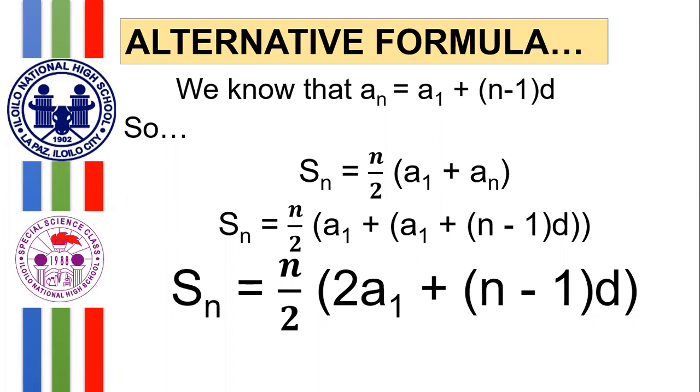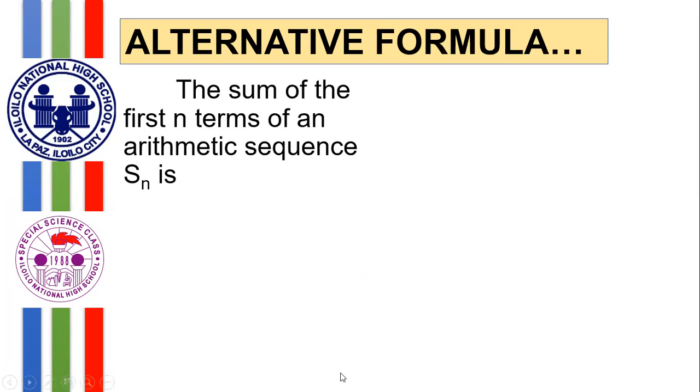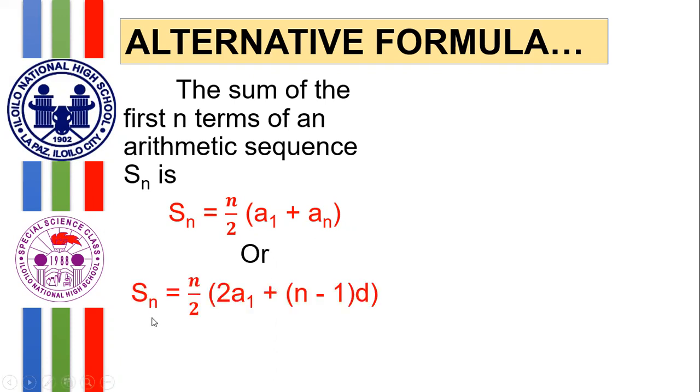So this is another formula. That's why the sum of the first n terms of an arithmetic sequence, or simply the arithmetic series with n terms where n is finite, is given by s sub n equals n over 2 times the quantity a sub 1 plus a sub n, or s sub n equals n over 2 times the quantity 2a sub 1 plus n minus 1 times d.